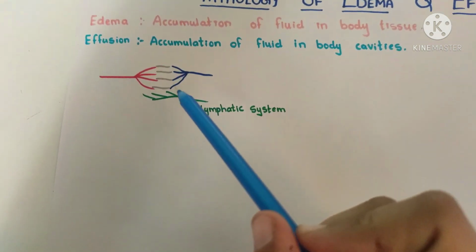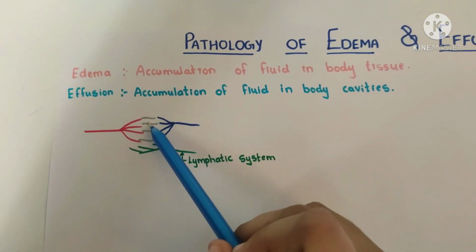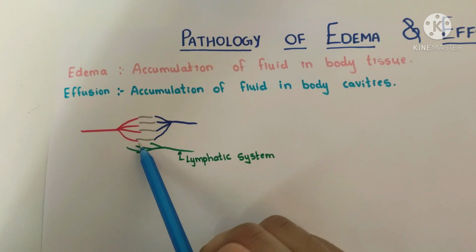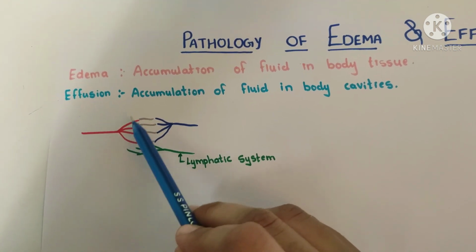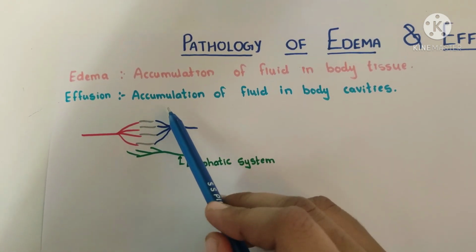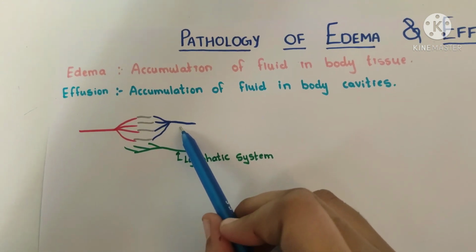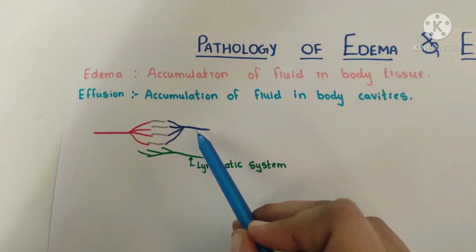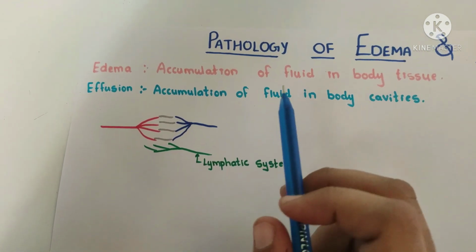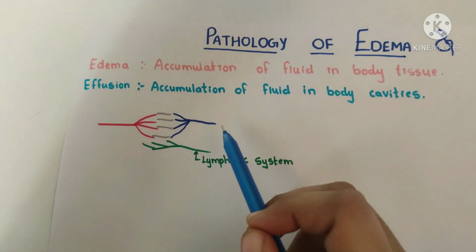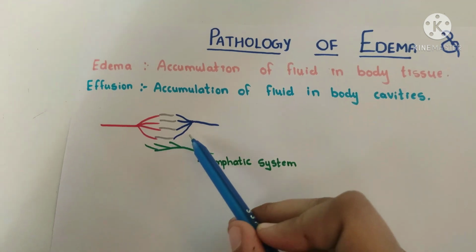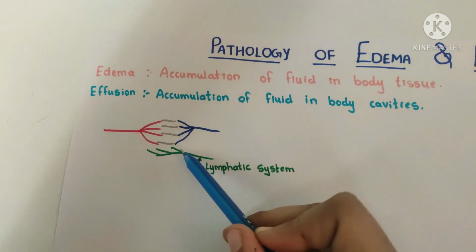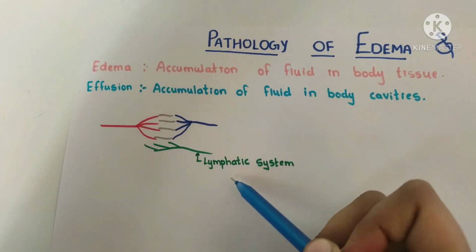Normally, at the arterial end, due to high hydrostatic pressure, there will be outflux of water and salts. And at the venous end, due to high oncotic pressure, there will be re-entry of that water and salts. If some amount of water or salt remains in the extravascular space, it will be carried back by the lymphatic drainage system.